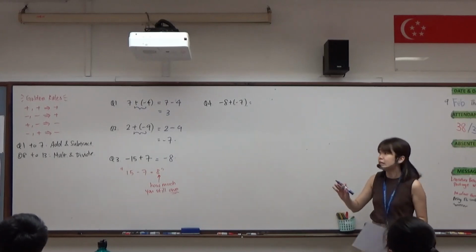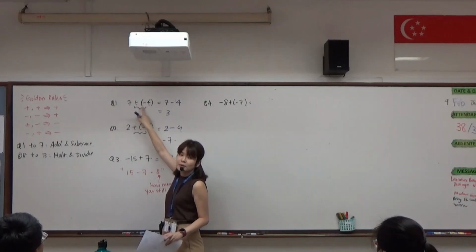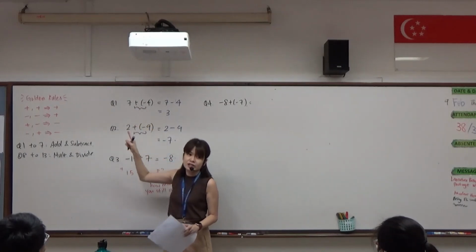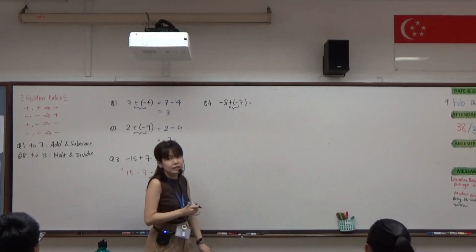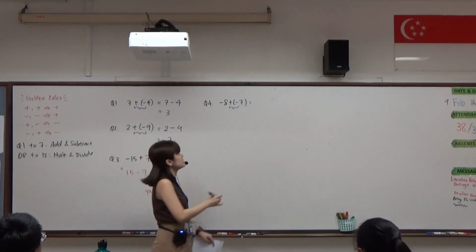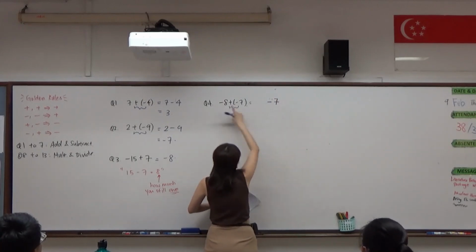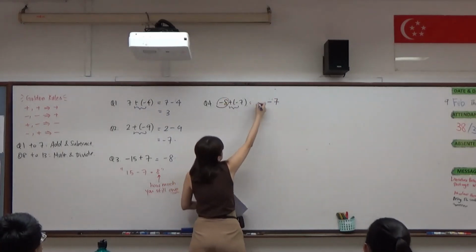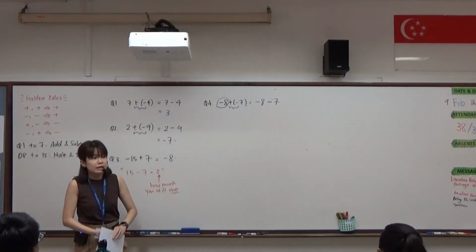Because I said earlier, only for addition and subtraction, the operation side by side, then I change. So the operation that is side by side is this one over here. That plus and minus will then change into a minus sign in front of 7. Negative 8 remains as negative 8. Are we clear about this?